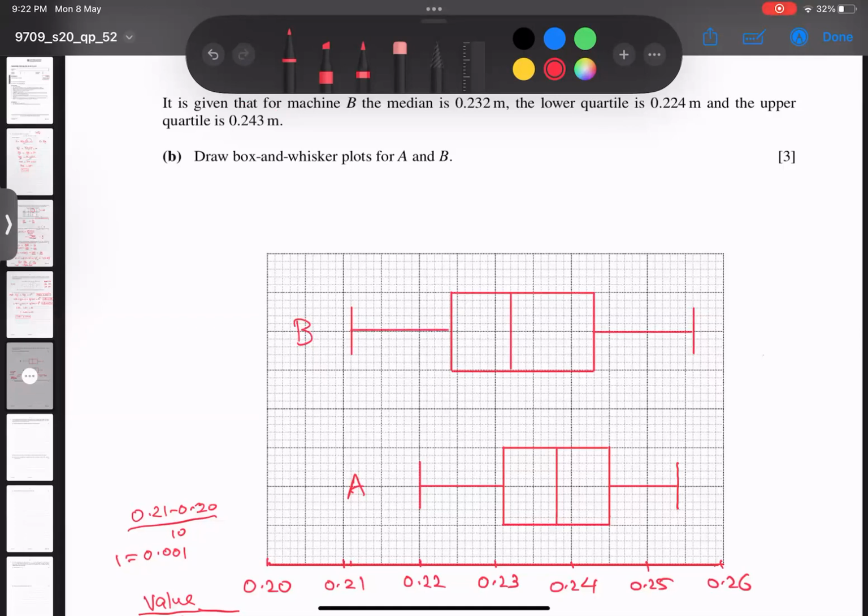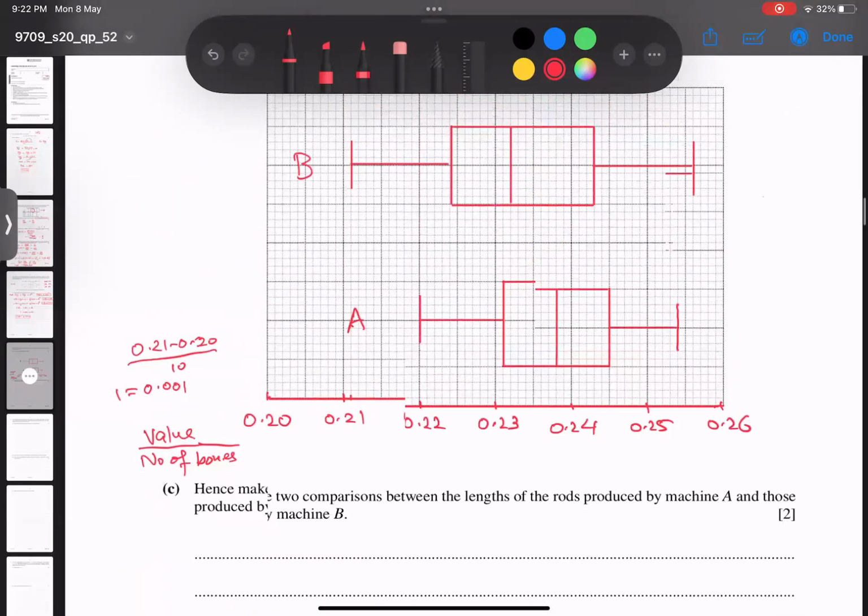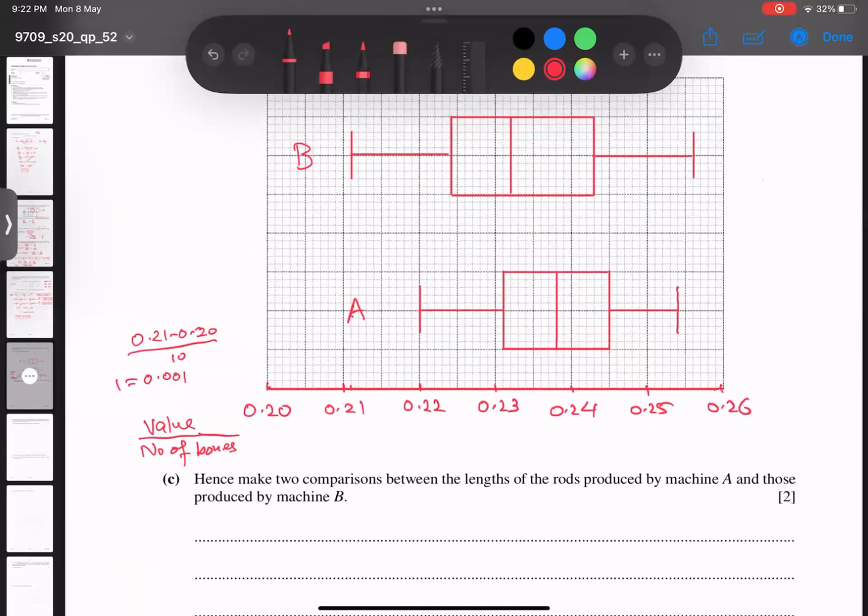This is a scale diagram, so that is why I take very much care while drawing. Alhamdulillah, clear. Now he said, make two comparisons. These are very important things. How we can do two comparisons is interesting.